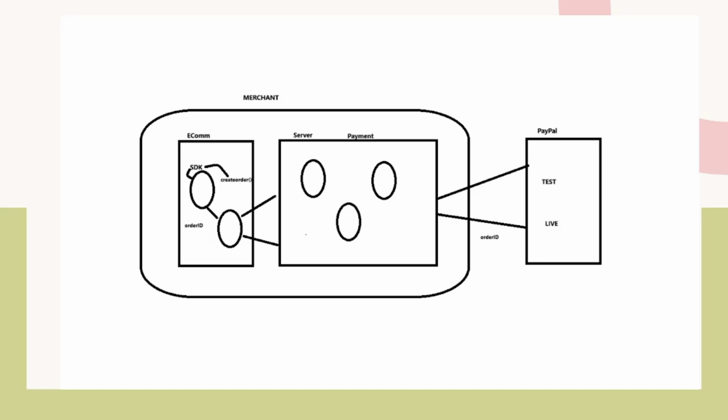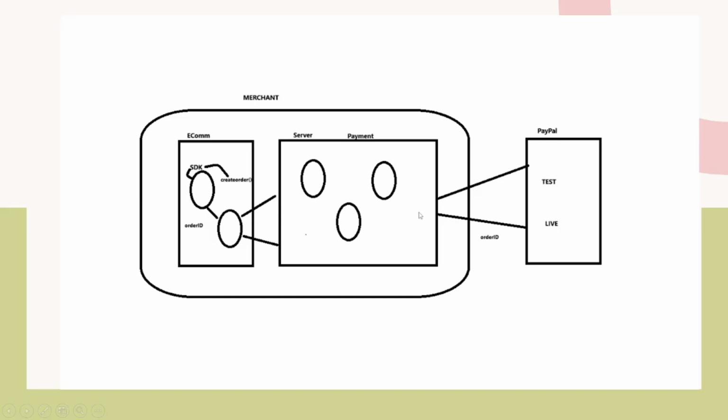As you can see in this diagram, first we create an order with the help of the PayPal SDK. It creates an order ID. The order ID later gets forwarded to the payment services, through which it can contact PayPal's API.